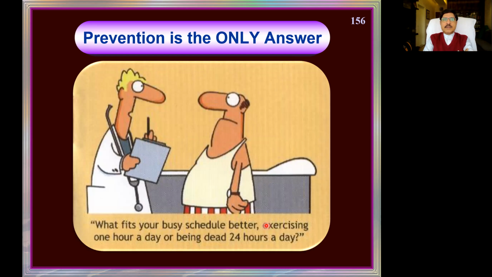Now, prevention is the only answer. The doctor is just giving him a very clear idea. What fits your busy schedule better, my dear? Exercising 1 hour a day or being dead 24 hours a day. What will happen if we don't exercise 1 hour a day? Who has to exercise?